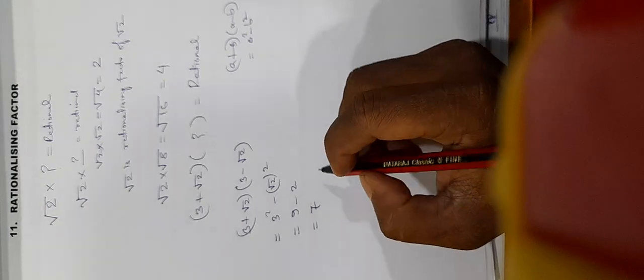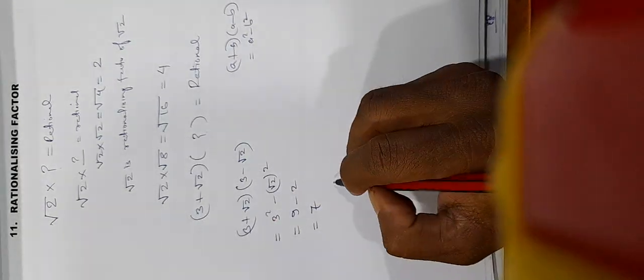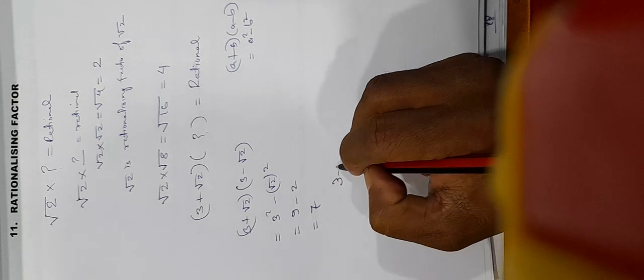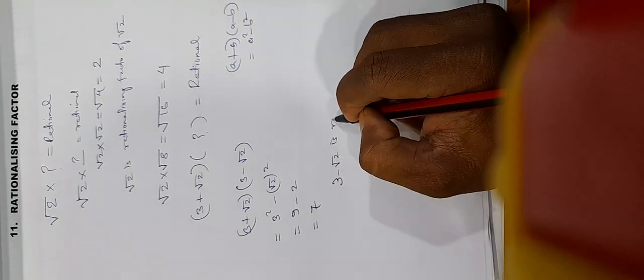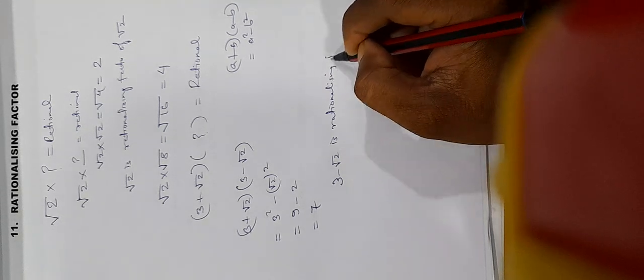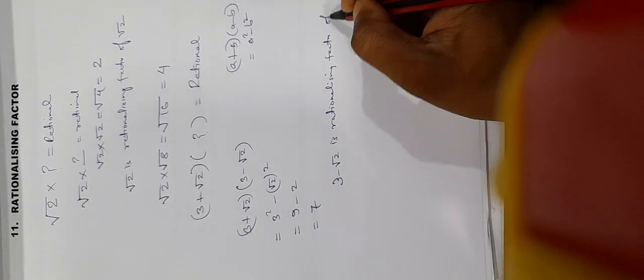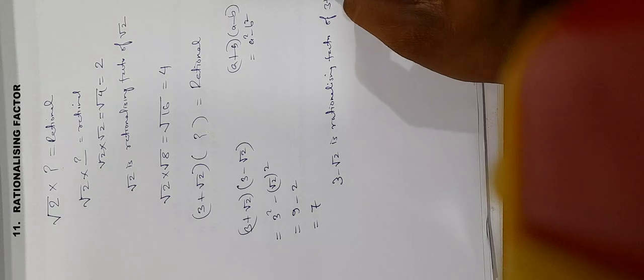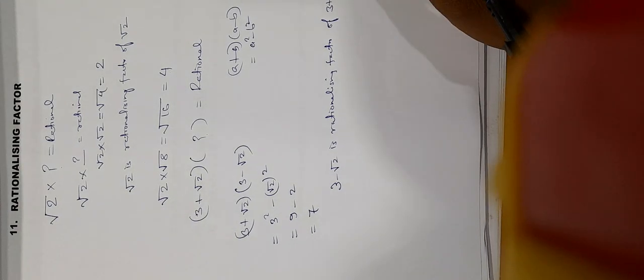So what is the rationalizing factor of 3 plus root 2? 3 minus root 2 is rationalizing factor of 3 plus square root of 2, right?